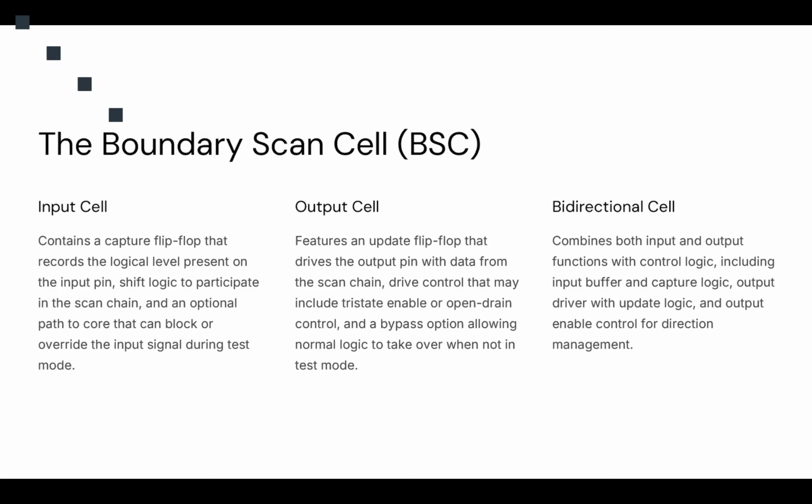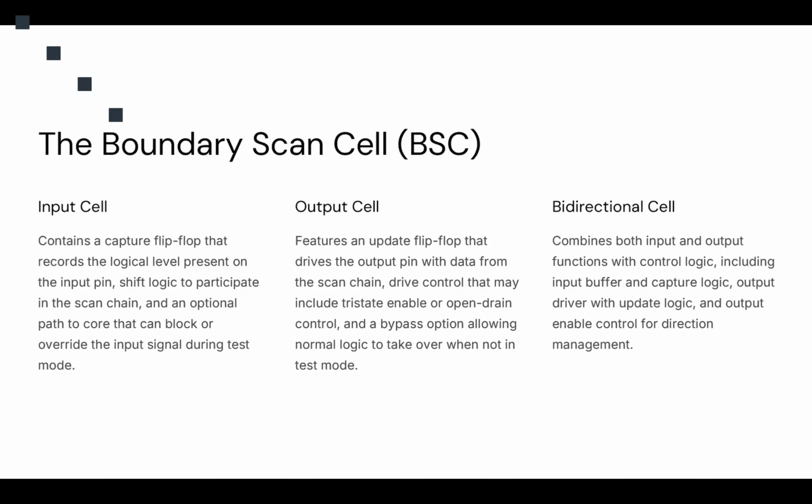Now, the output cell, another type of these cells, is basically the same, but it only applies to the pins that are connected to the outputs of the logic core. So the output cells sit between the output of our logic core and the pins that are designated for output. Same concept.